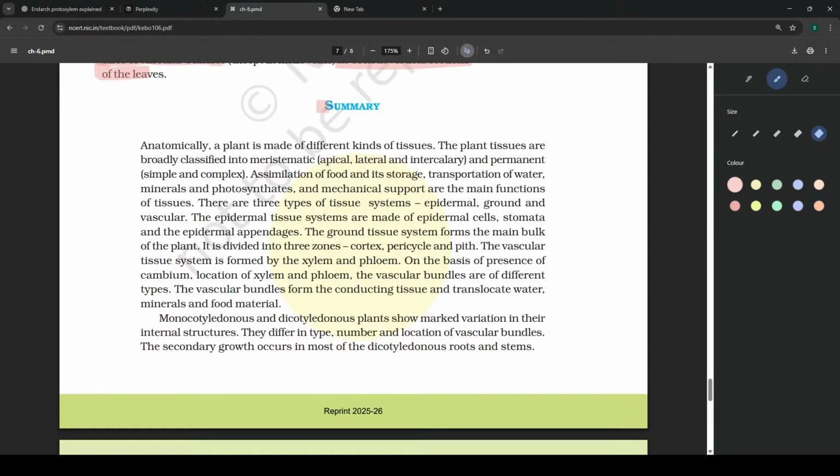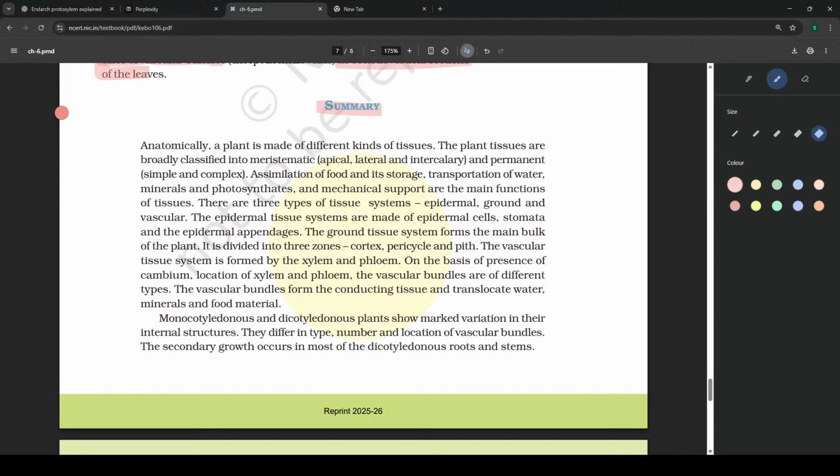Summary here. Anatomically, a plant is made up of different kinds of tissues. The plant tissues are broadly classified into meristematic, that is apical, lateral and intercalary, and permanent, simple and complex.